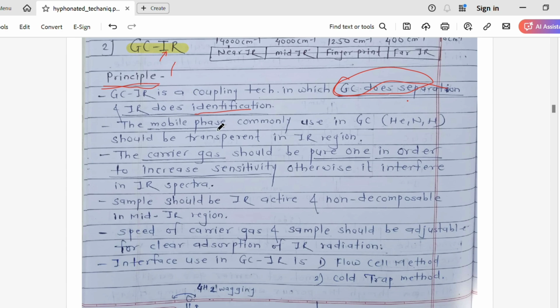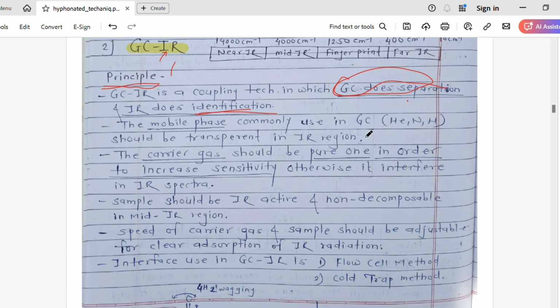It identifies the compound on the basis of its functional groups. So here two techniques get coupled with an interface to form the hyphenated technique of GCIR.